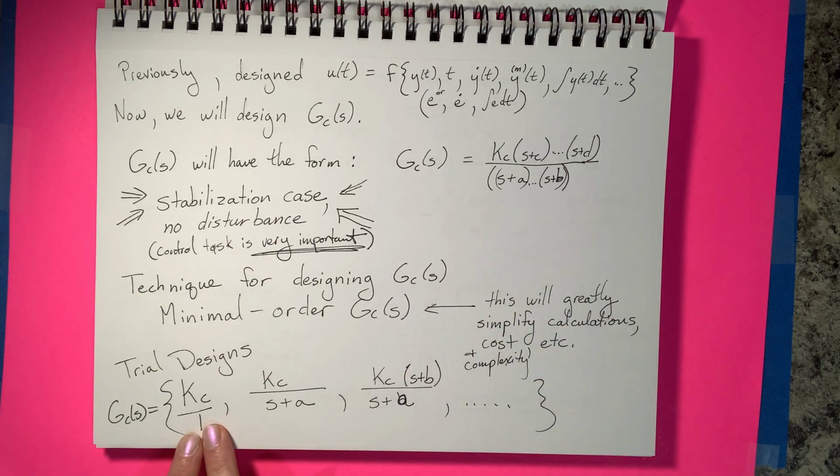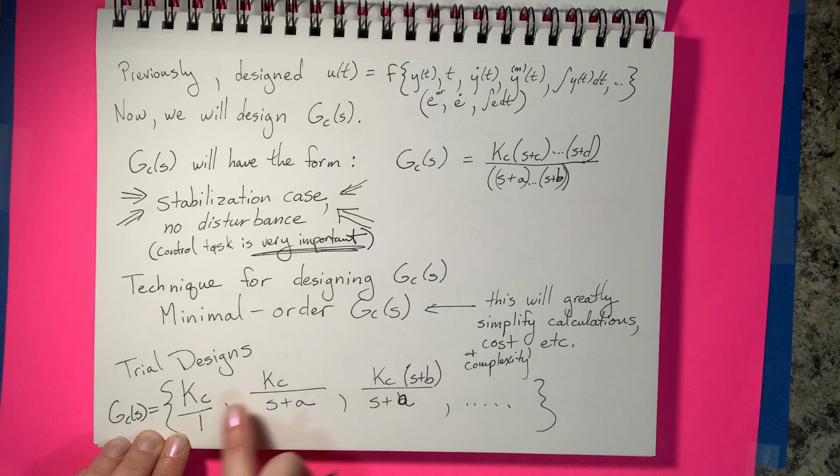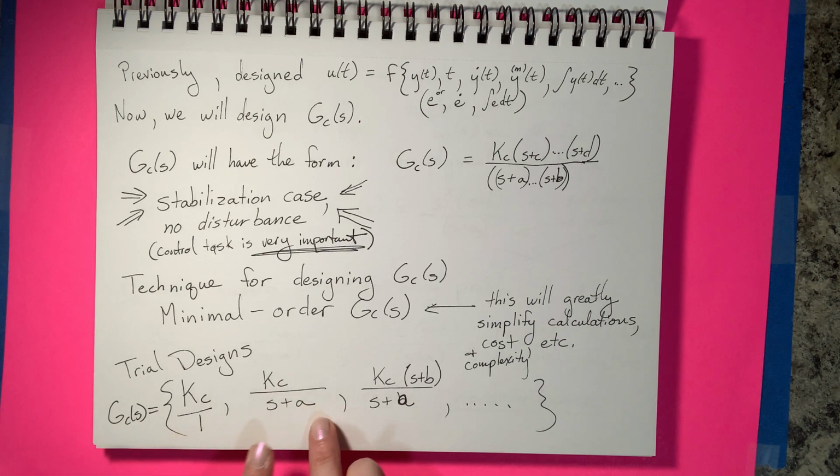And if that doesn't work, for any reason, I'm going to jump to one complexity up. So here, I am going to add an S plus some variable. I picked A here. I like to go A, B, C, D, and so forth on the denominator. Okay, there's a reason I put it on the denominator.